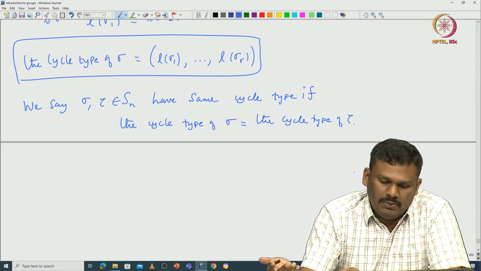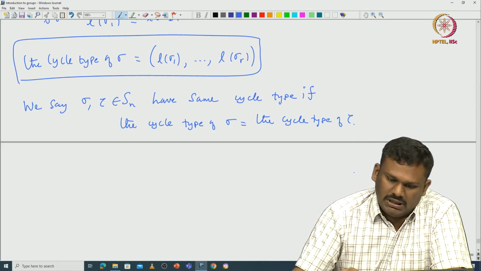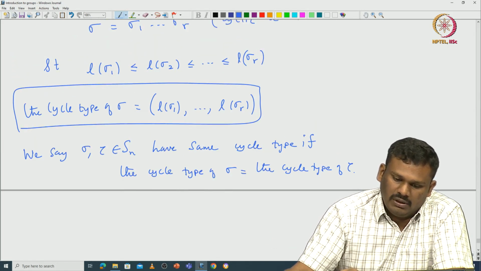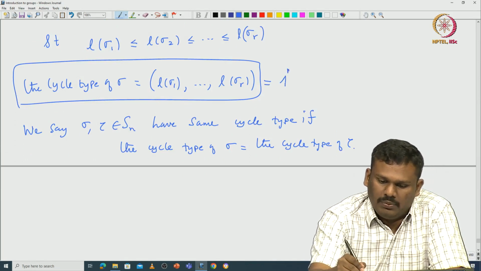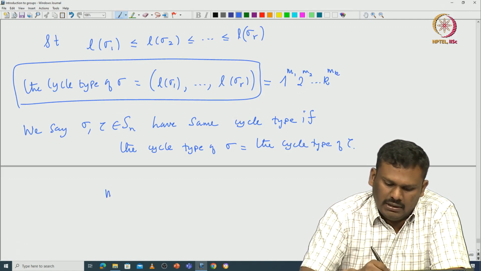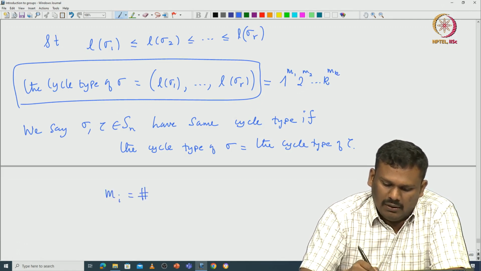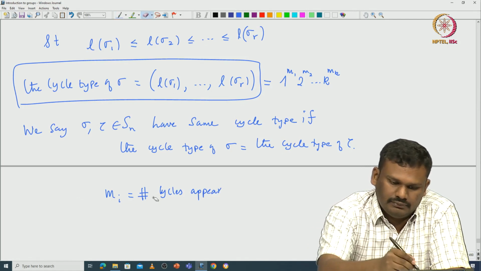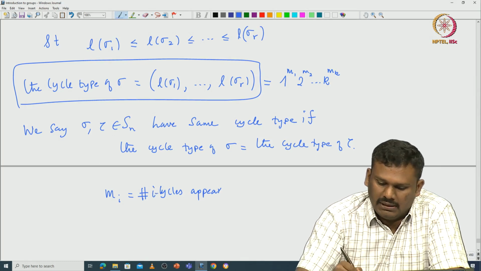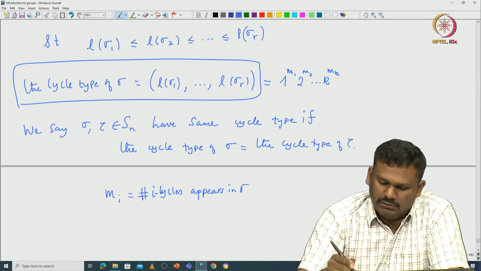Sometimes people use a shorthand notation. They group them together, the number of ones that appear and so on. Then they write this as 1 power m1, 2 power m2 and so on, up to k power mk, where mi denotes the number of i cycles that appear in sigma.